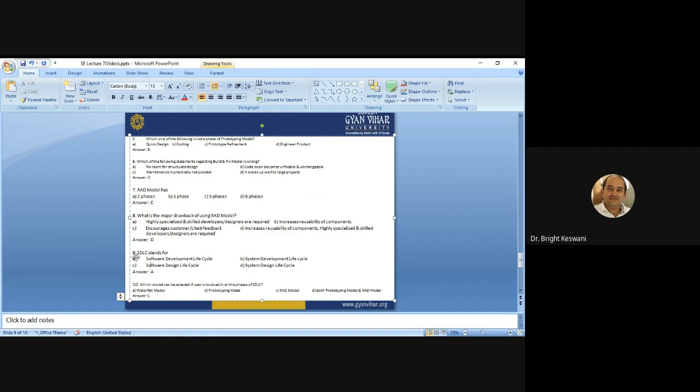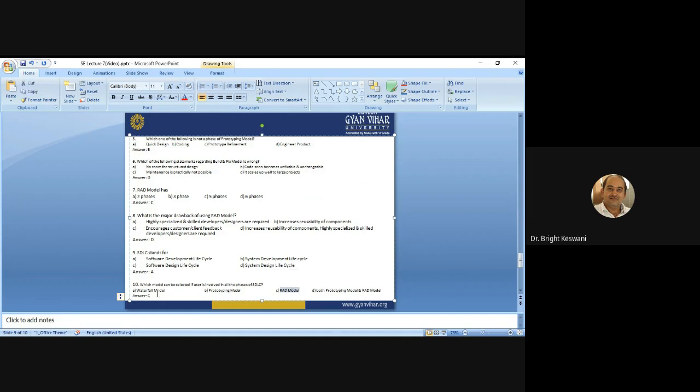In the next question, what does SDLC stand for? SDLC, Software Development Lifecycle. So the answer is A. Which model can be selected if the user is involved in all the phases of SDLC? The waterfall, prototyping, RAD, or both prototyping model and RAD model? The answer is the RAD model.